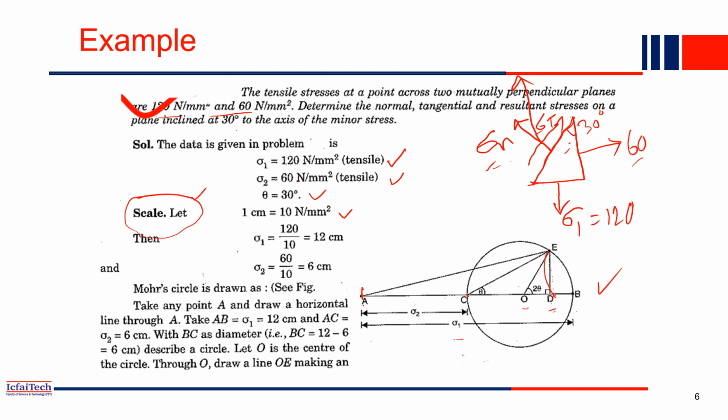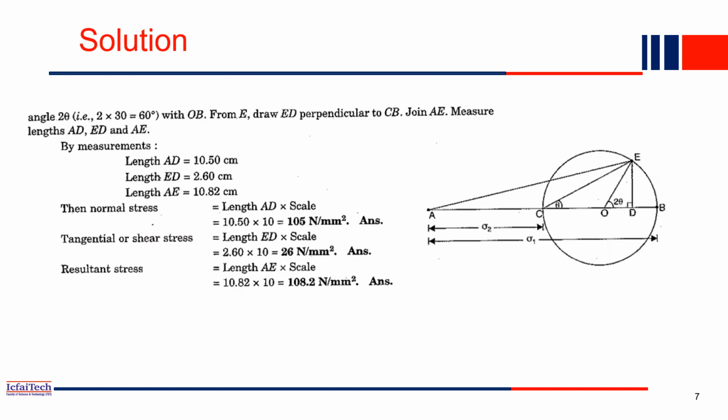Use the formula we derived in the last slide, and you will get the AD value. ED, the perpendicular, is the shear stress, and AD is the normal stress on the oblique plane. Just substitute the formula we derived in the last slide.